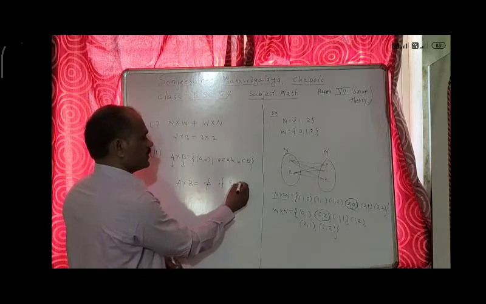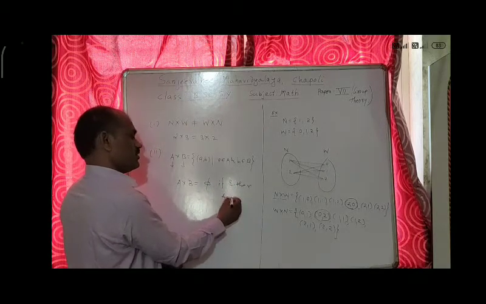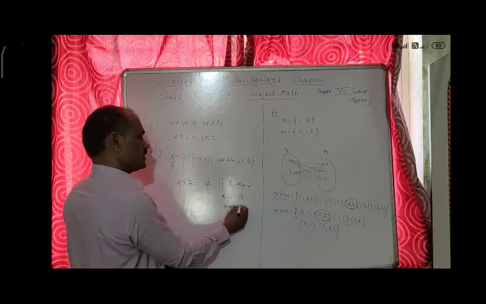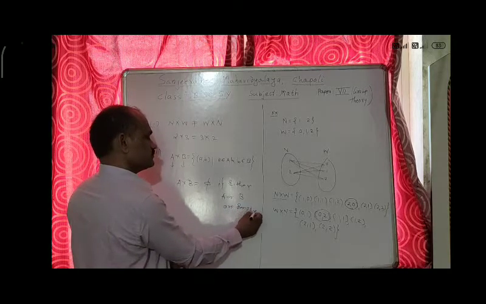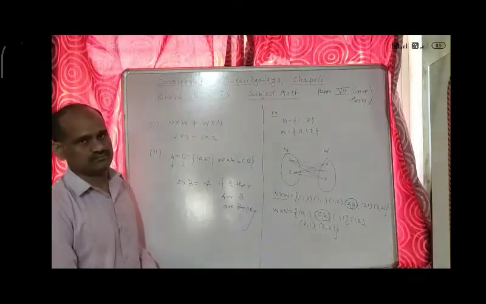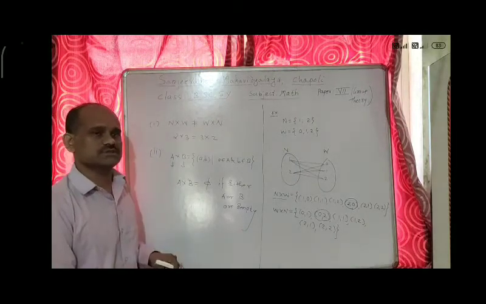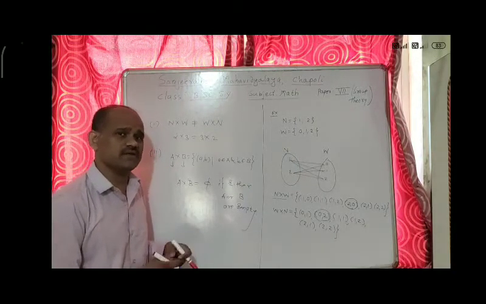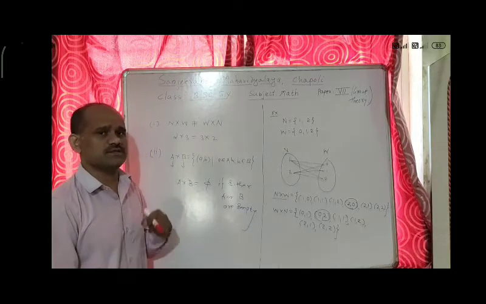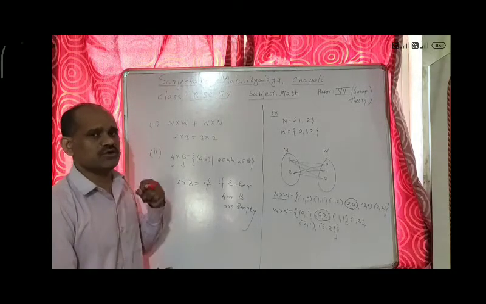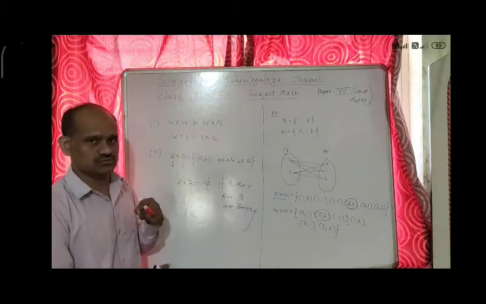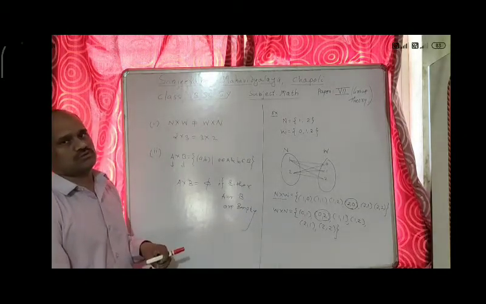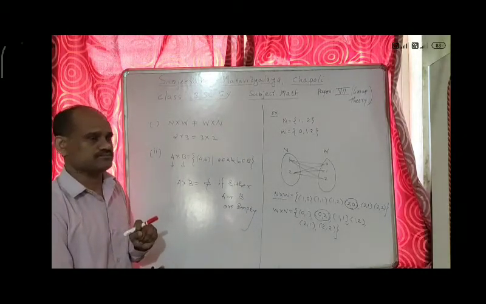If either A or B is empty, we will not form any ordered pair at all, क्योंकि B में तो कोई एलिमेंट है ही नहीं. There is no element in B, so how can we do the cross product or Cartesian product?